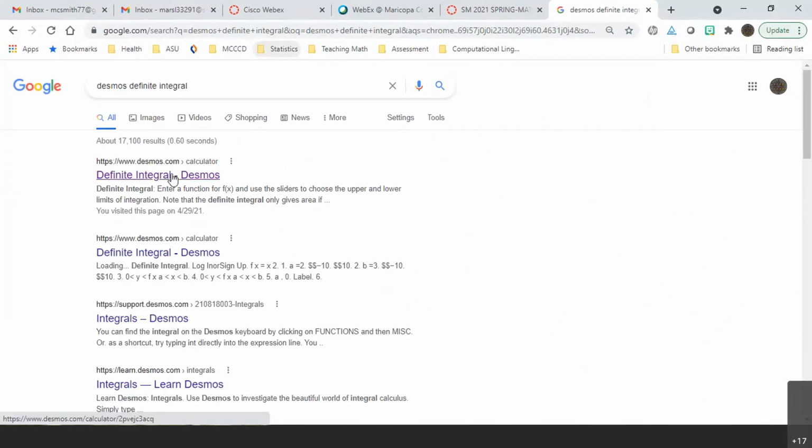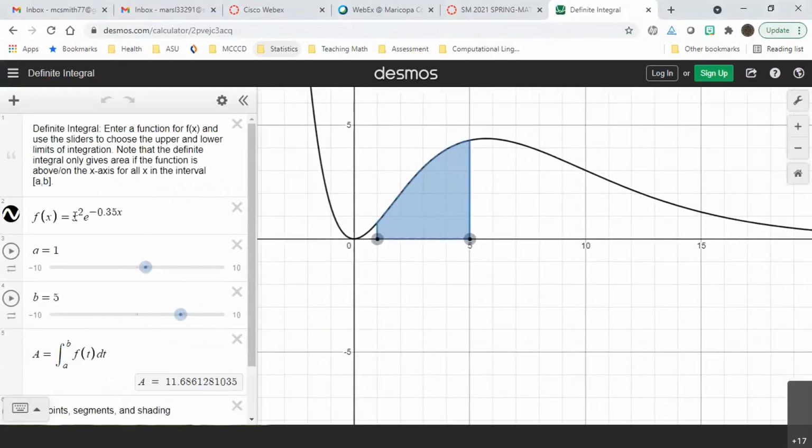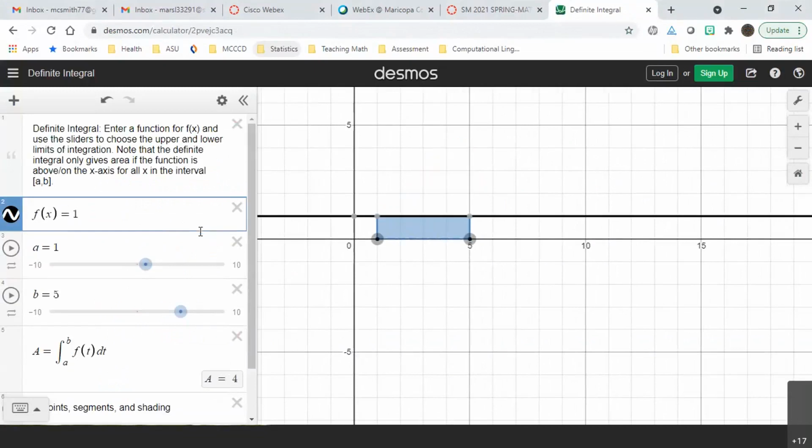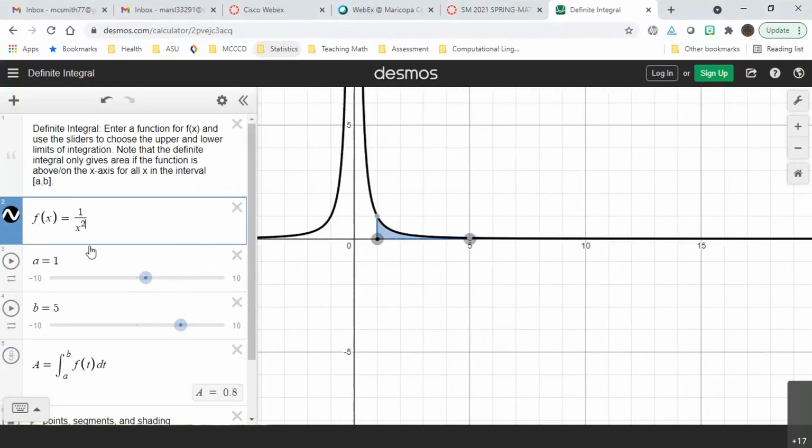They give you a built-in function, and suppose I want to use mine. I'm starting with a equals 1. They only let me go out to 10.